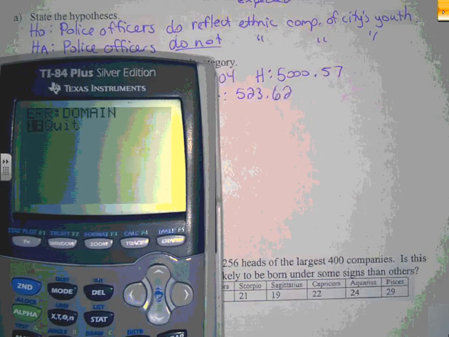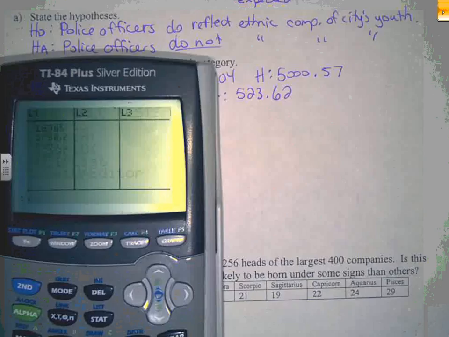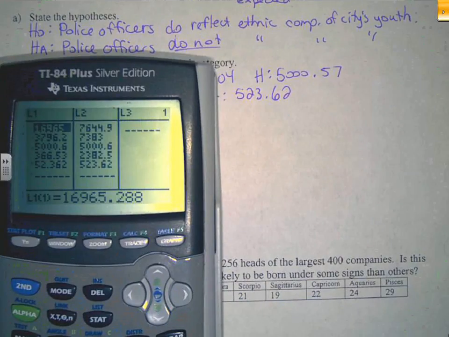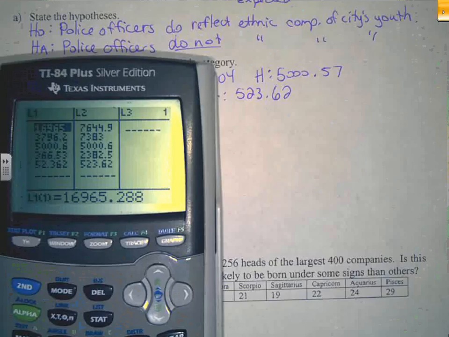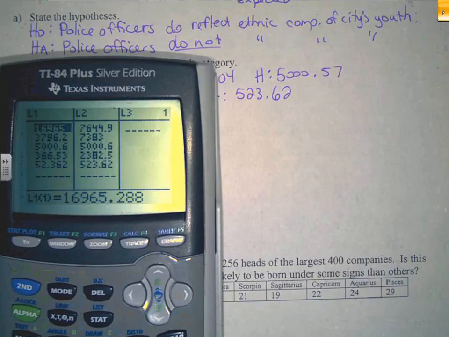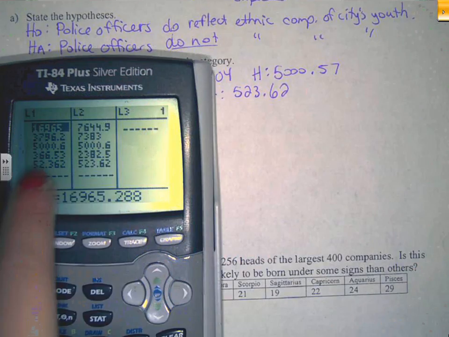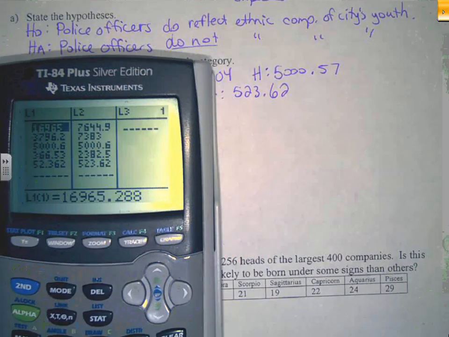Okay. Go back to your list. I just remember this. L1 is your observed values. L2 is expected, so it's like a theoretical value, so they can be decimals, but L1 is what you actually see. Can you actually have a decimal amount of police officers, people?